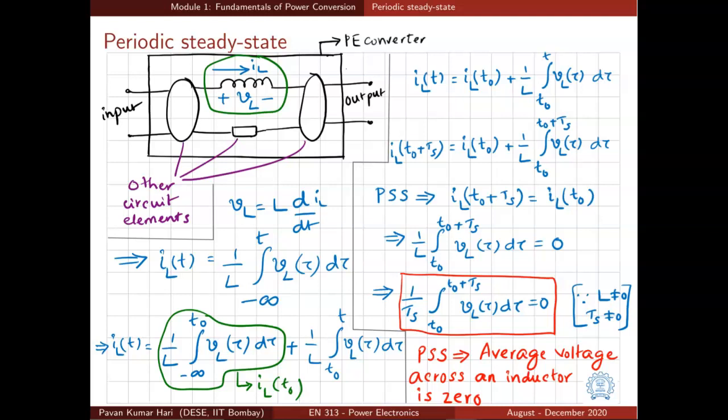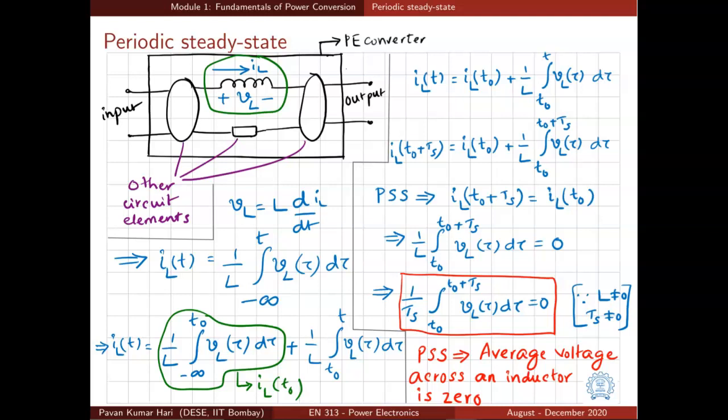VL is equal to L di by dt, L d IL by dt. Or if you want to express the current in terms of voltage, IL is written as 1 by L integral VL dt. An appropriate way to represent the integral is minus infinity to t VL of tau d tau. Tau is just the integration variable. This includes the initial condition, which we usually employ to evaluate the integration constant.